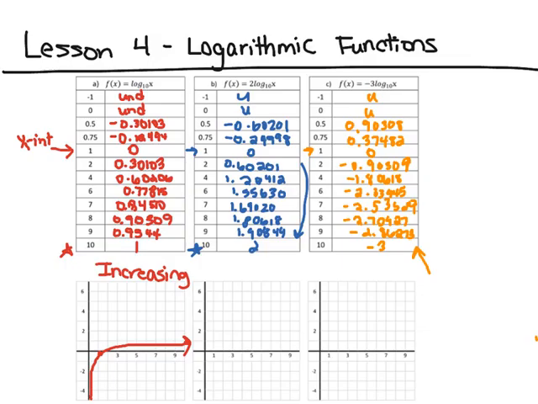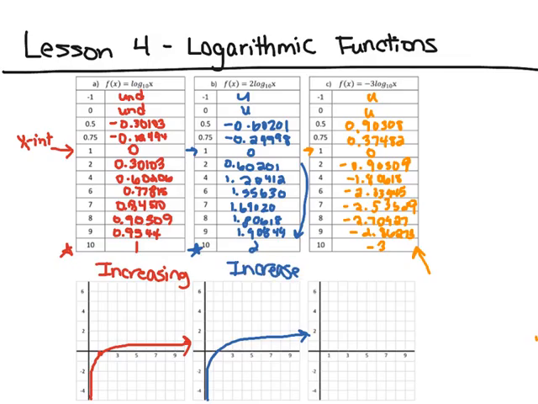For the next one, we're starting off small, going through the point 1, and at 10 and 2 we have a point. So it should go close to the x-axis, through 1, and then through the point 10 and 2. And this one also increases.